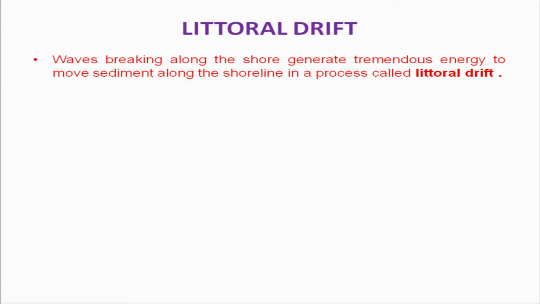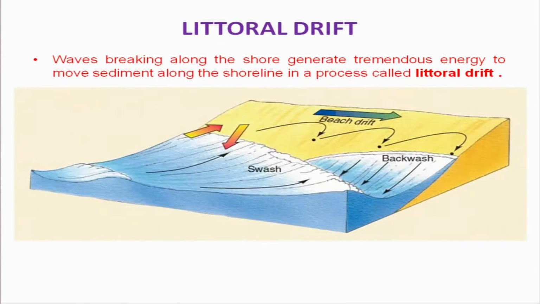Now, this littoral drift in different locations will allow us to see the formation of different landforms. So, the red arrow shows the wave action and the backwash of the waves, which will result in the formation of beach.